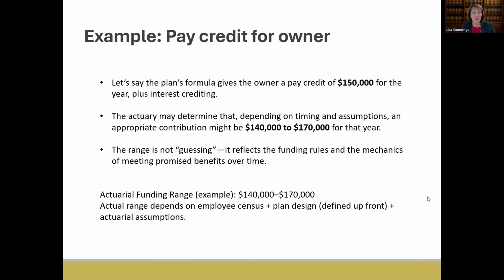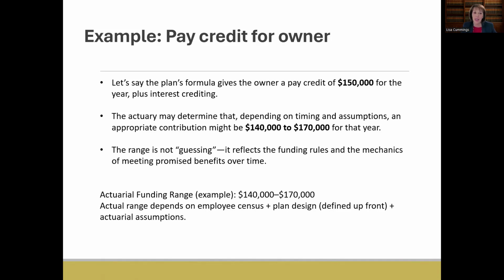So for example, the pay credit for an owner, so this is an owner as opposed to a staff employee. Here, an owner employee, let's say the plan's formula gives the owner a pay credit of $150,000 for the year, plus interest crediting. The actuary may determine that depending upon timing and assumptions, an appropriate contribution might be $140,000 to $170,000 for that year.